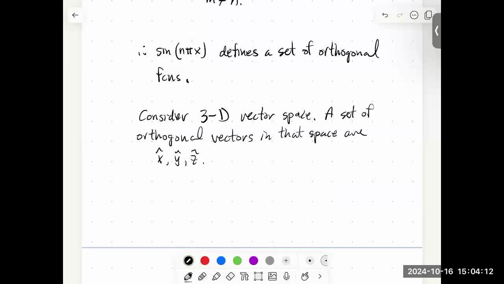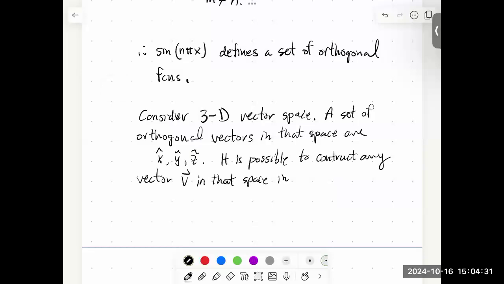And what that means is it is possible to construct any vector v in that space in terms of components along x hat, y hat, z hat.